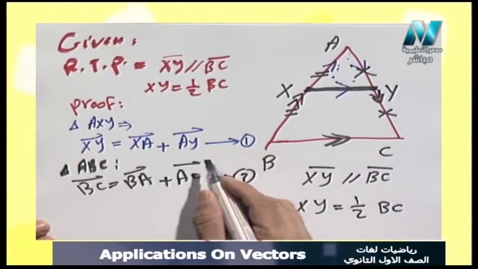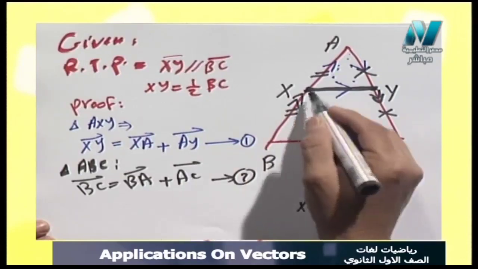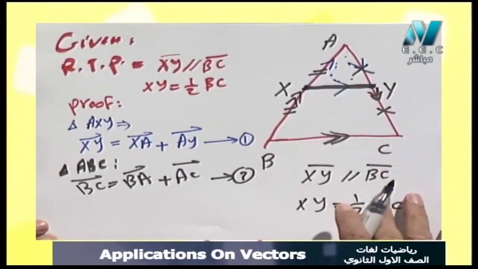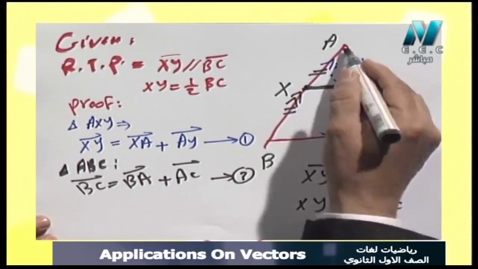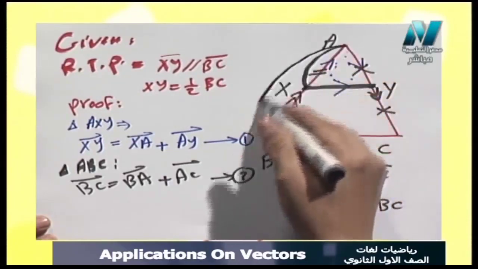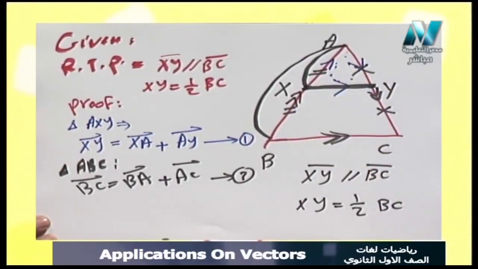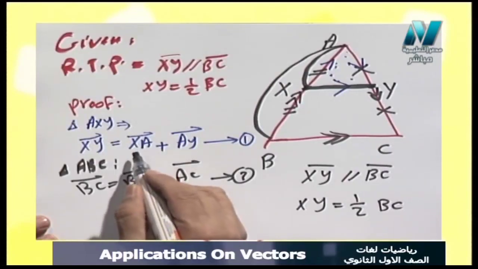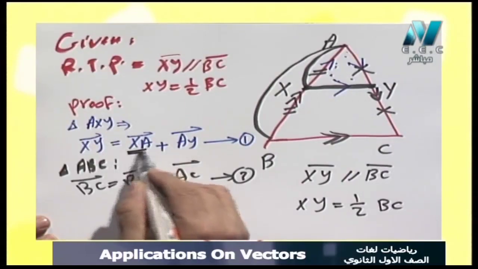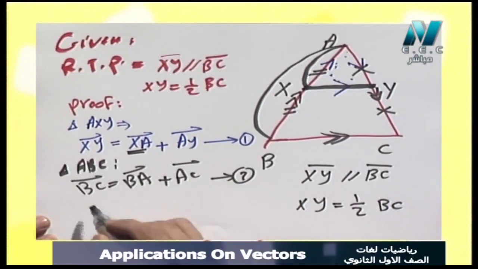From the two equations, we know that when X is the midpoint of AB, then AX equals half AB, of course. So we can substitute here about XA. We have XY here.